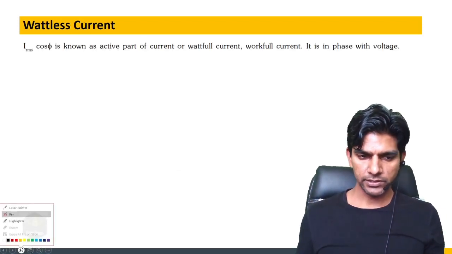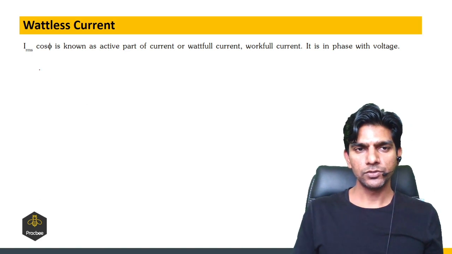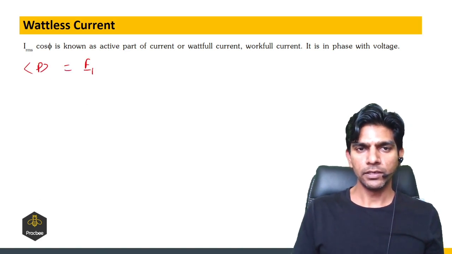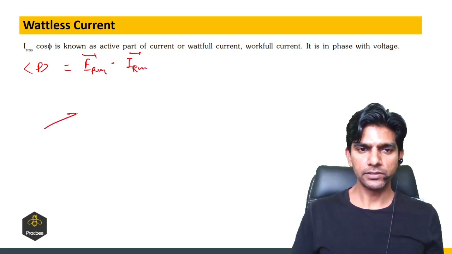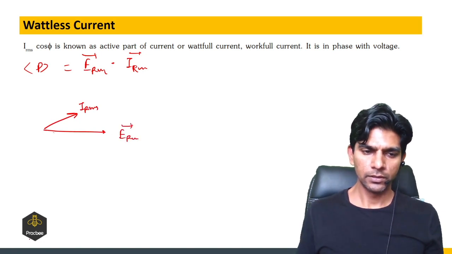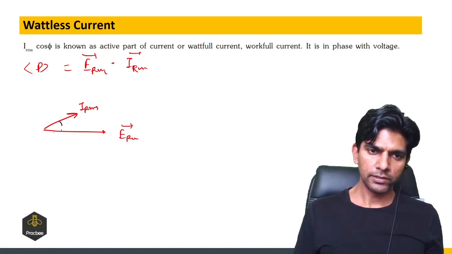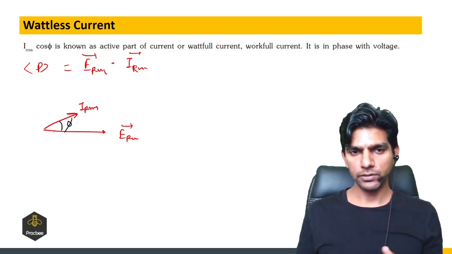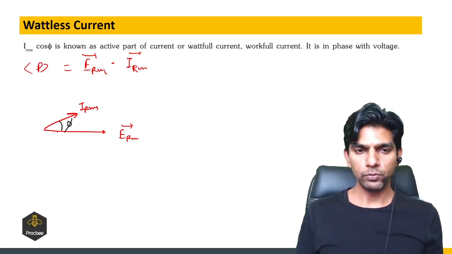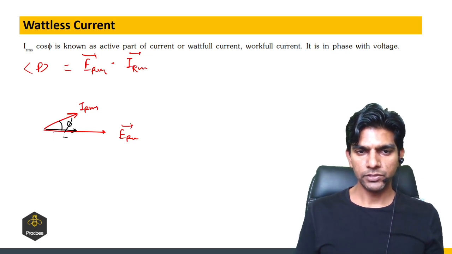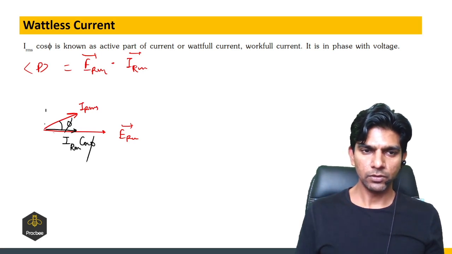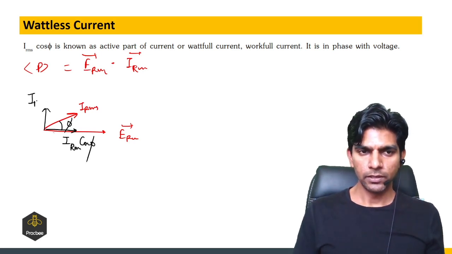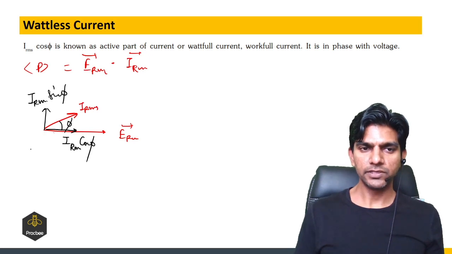Now let us see what is wattless current. So we know average power is E RMS dot I RMS. So I can write it like this: this is I RMS, this is E RMS vector, and this angle will be phi. Phi is the angle between the two vectors. So I RMS has two components. The component which is along E RMS is I RMS cos phi. And there is a component which is normal to E RMS, that is I RMS sin phi.